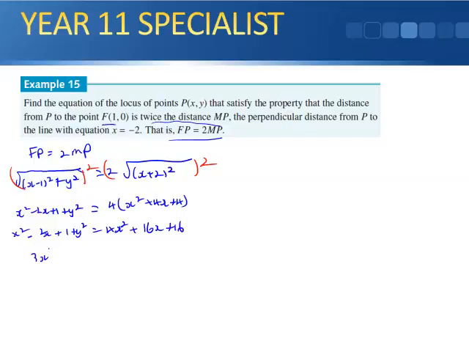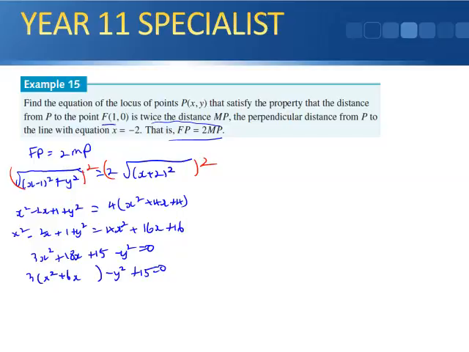And therefore I'll get 3x squared plus 18x plus 15 minus the y squared equals 0. So 3x squared plus 6x minus y squared plus 15 equals 0.